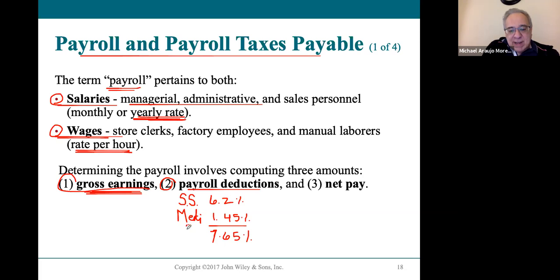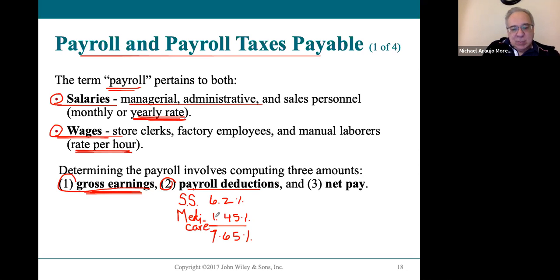Medicare, now this is Medicare, C-A-R-E. Medicare is when the federal government becomes your health insurance company. They don't become your doctor, they simply become your insurance company for healthcare.